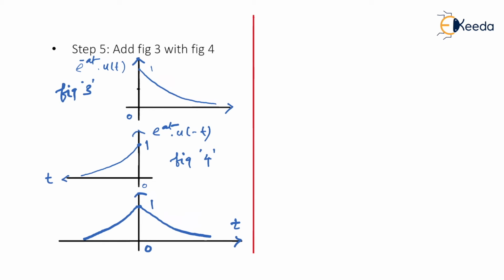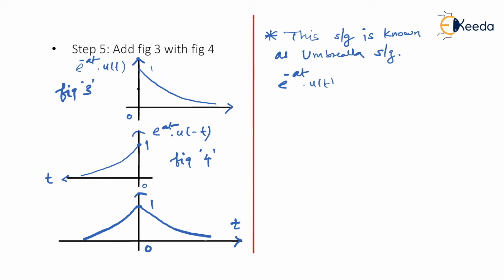So finally the type of characteristic that we have is called an umbrella signal. Such a signal, e to the power minus a t u of t plus e to the power a t u of minus t, is what we call an umbrella signal.